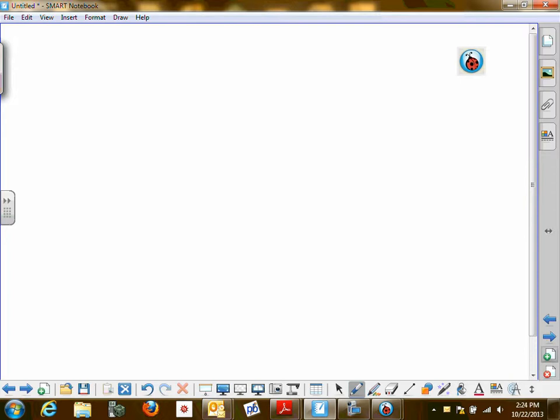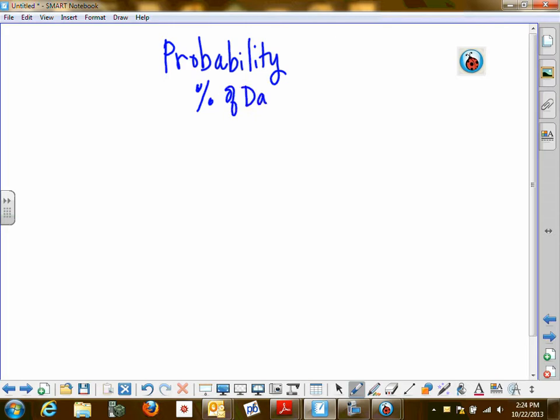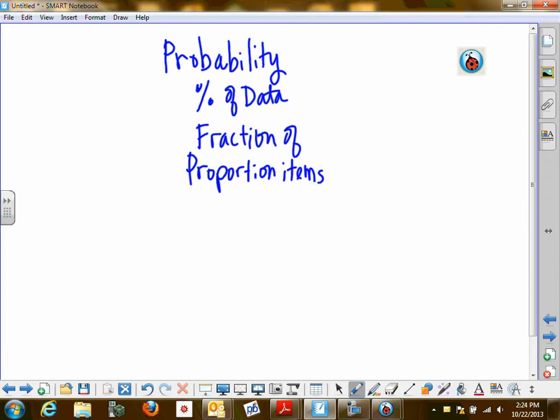If you have questions, here's most of the way the questions are phrased. They may ask you, what is the probability of something? Or what is the percent of data? Or what's the fraction of the observations? Okay, or what's the proportion of the items? These things are all synonymous. These things mean the same thing.